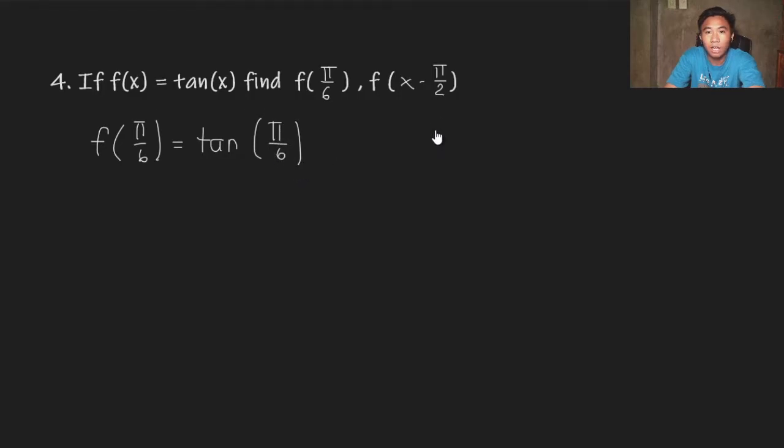We know that pi is equal to 180, so divided by 6, our degree is just 30 degrees. Just type it in the calculator, tangent 30. What will come out? Tangent 30 is 0.58.